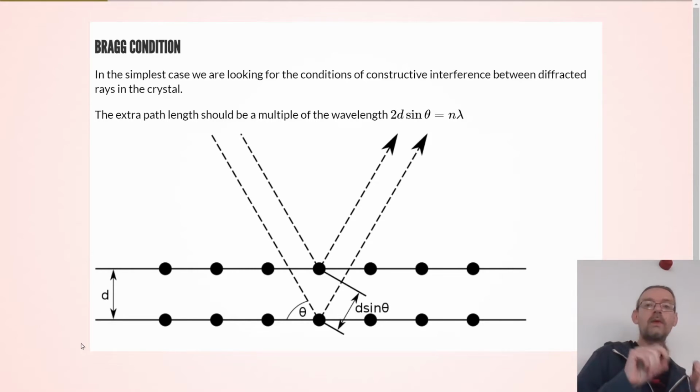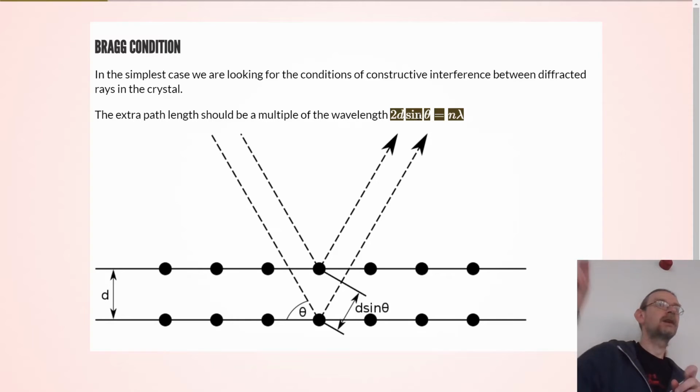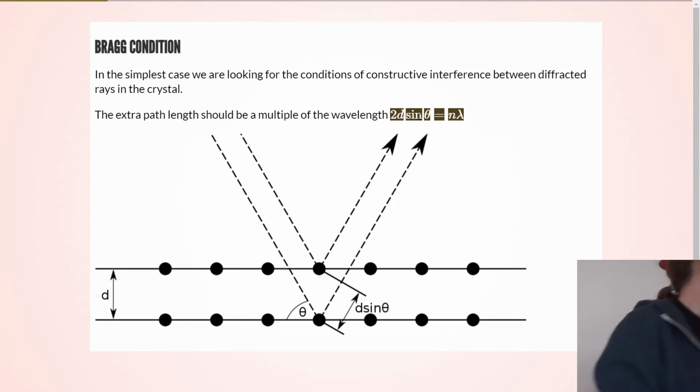And so what we are going to predict at the end of this is, given the structure of a crystal, we are going to be able to predict what angles you would expect the maxima, which angles we would expect those to be at. And then if you perform an experiment, you make a measurement, and you can do a little bit of analysis that I'll talk you through. We'll do together in the second half for a crystal.